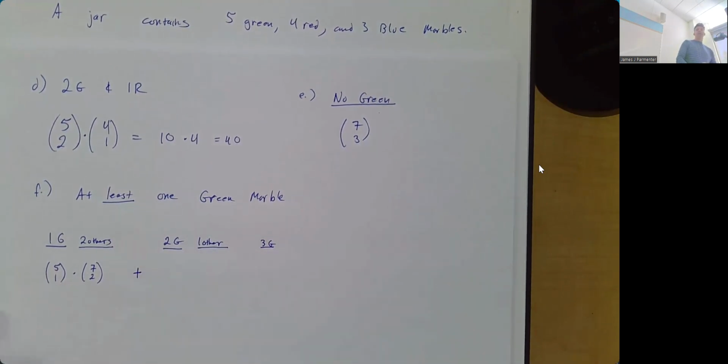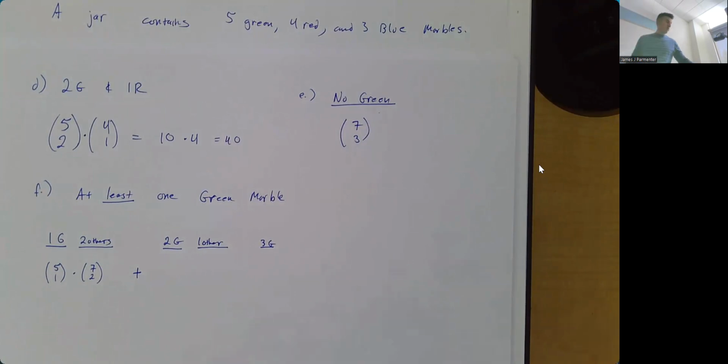Plus, we're going to add, because these are distinct things, right? I want 1 green marble. So I should point out, there are 2 words we use a lot when we talk about combinatorics, counting, probability, whatever. They're the words "and" and "or". If I want 1 green marble and 2 other marbles, I multiply those numbers together to find the number of ways.